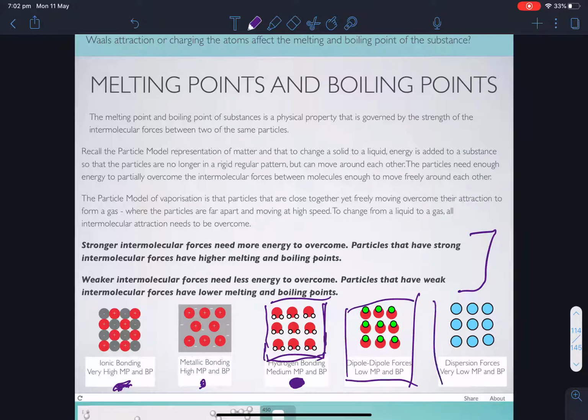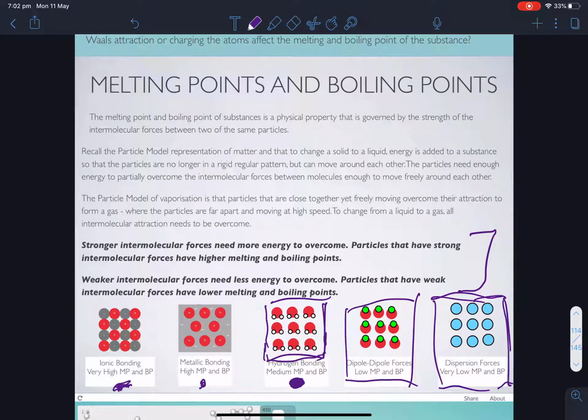And then right down below, when there's only dispersion forces between particles, you have very low melting points and boiling points. That is quite a full range though. When you've got small particles with only dispersion forces between them, you get very, very low melting and boiling points.